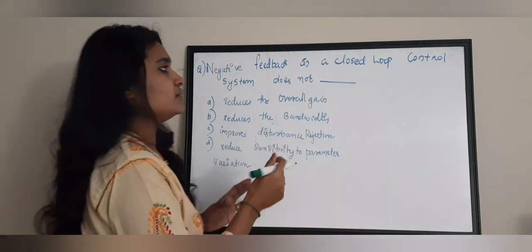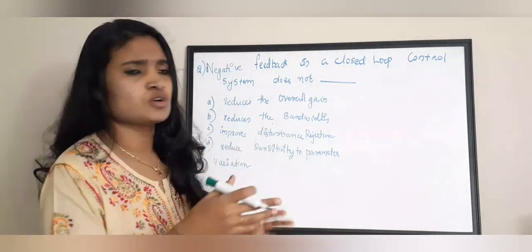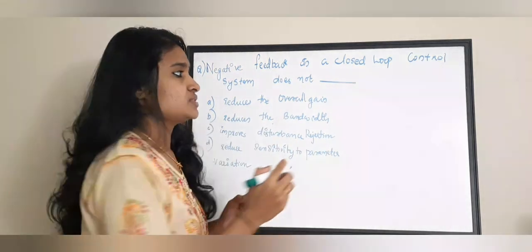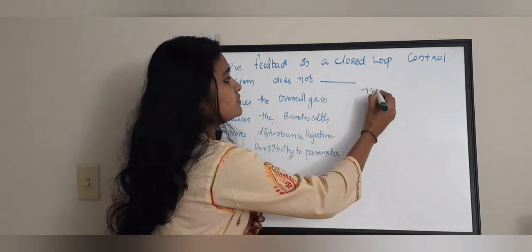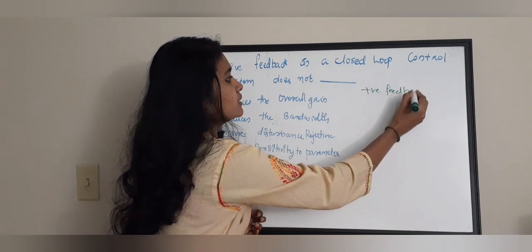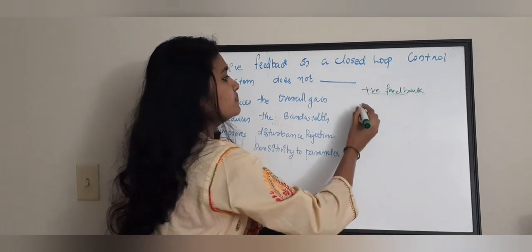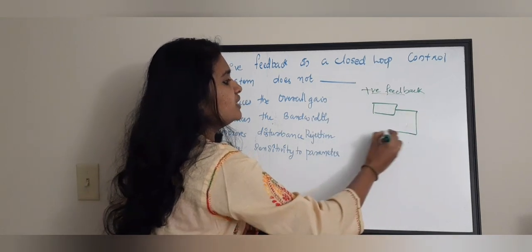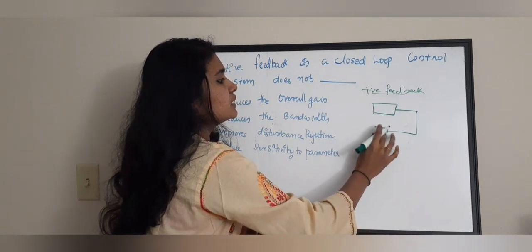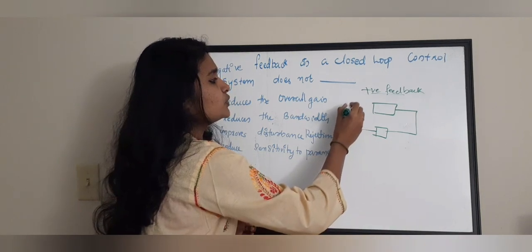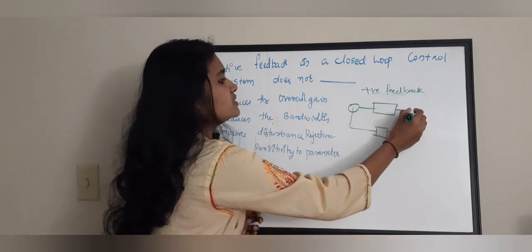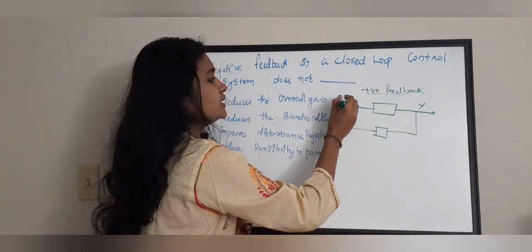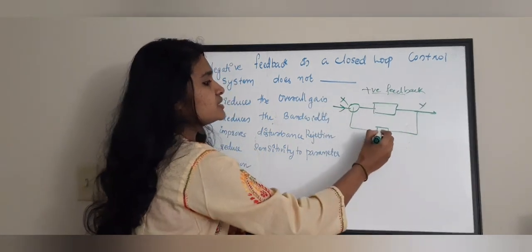Even so, I'll explain the basics of the positive feedback closed loop control system and the negative feedback closed loop control system. In a positive feedback closed loop control system, there is a system and there is a feedback connected to the input. This is the output, let it be Y. This is the input X, and there is a feedback with some gain.